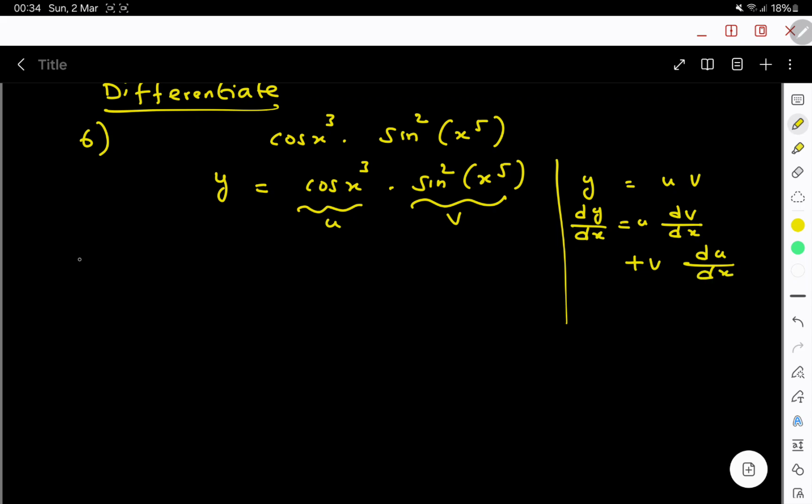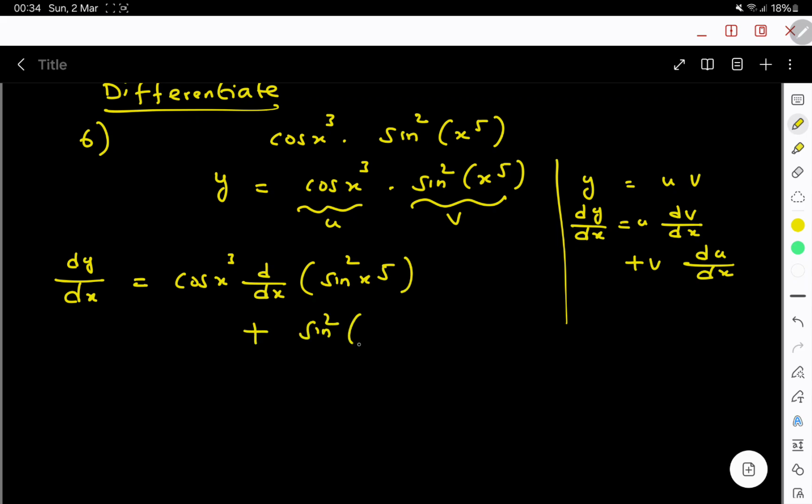So dy by dx is equal to, first I write cos x cube, then differentiate sin square x power 5 plus write sin square x power 5, differentiating cos x cube, d by dx of cos x cube.